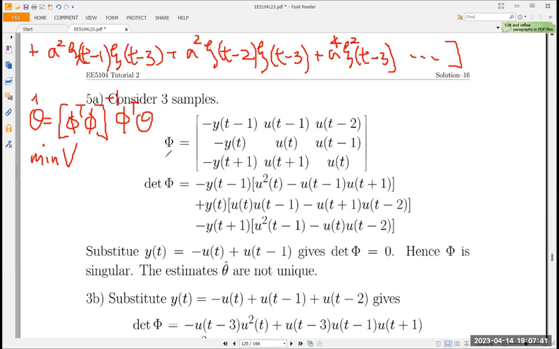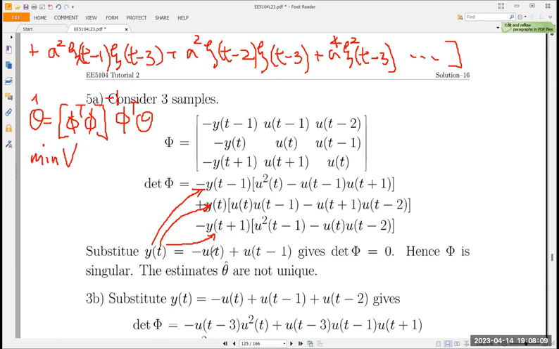If you see y here, you stick all this inside here. Of course, for t plus 1, you do plus 1 here; for t minus 1, you go minus 1, minus 1, minus 1. You find, hey, the determinant equals 0.